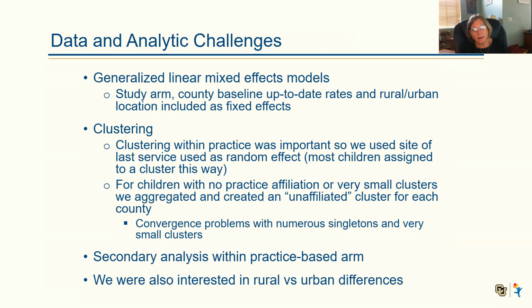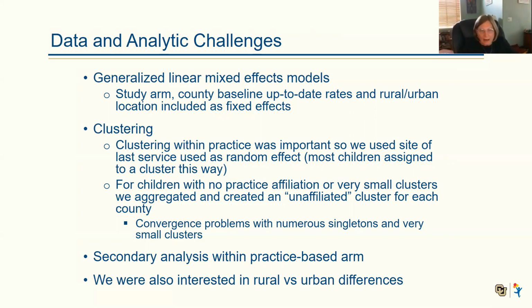We ended up using practice rather than county, so we wanted to use site of last service as the main random effect, and children were assigned to this sort of cluster since it accounted for quite a bit more variance than using the entire county as a cluster.